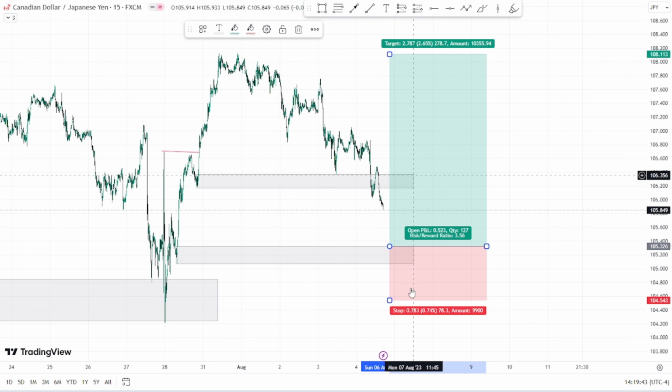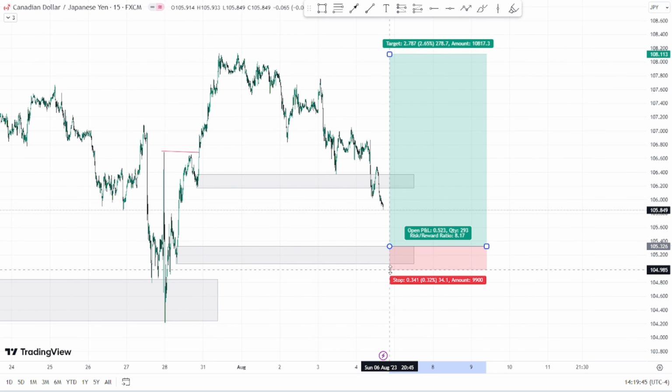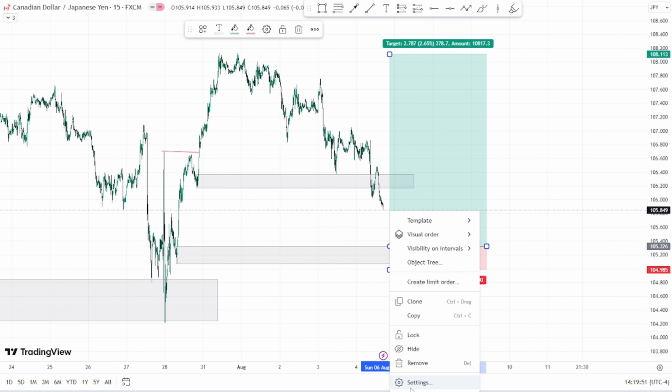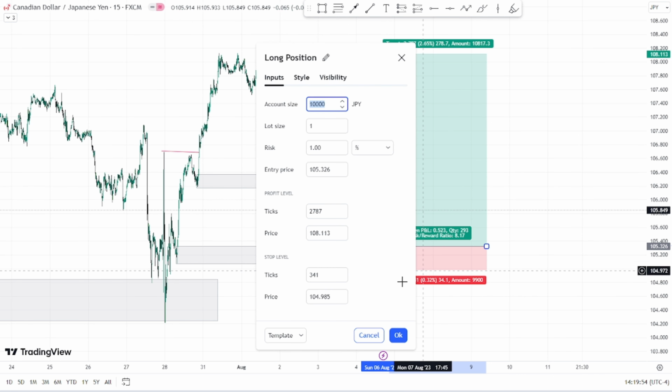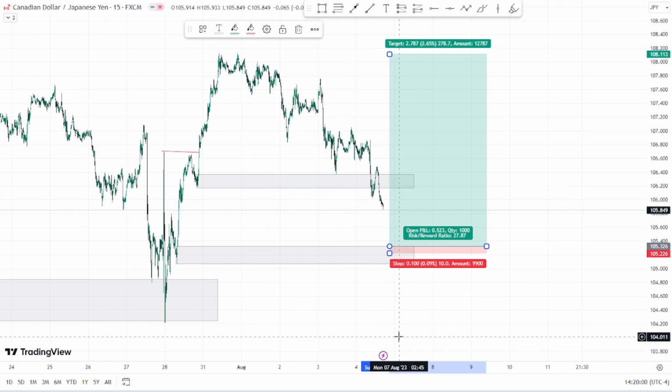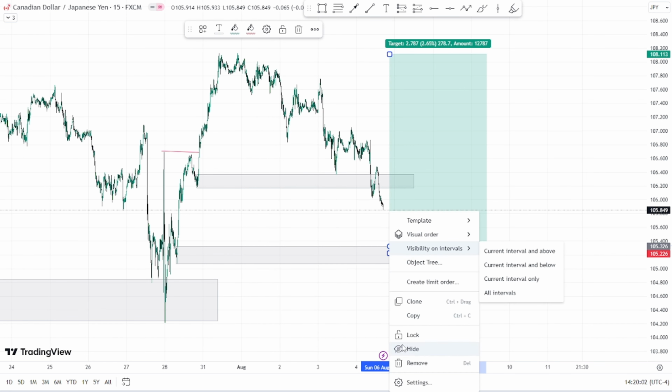So I'm just gonna put my target there. As you already know, I'm only targeting 10 pips. I mean, the stop loss is only 10 pips. Let me just adjust. 10 pips, let's see. Okay, 10 pips doesn't make sense.